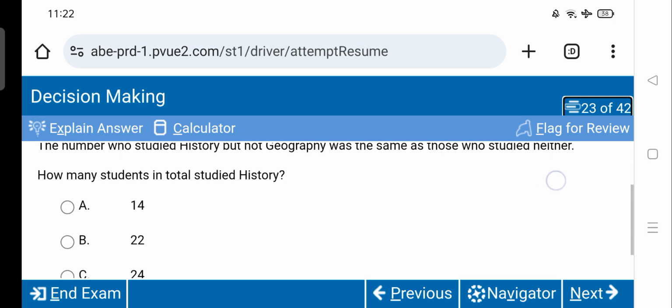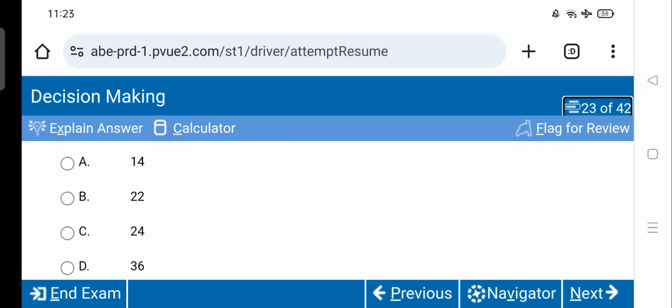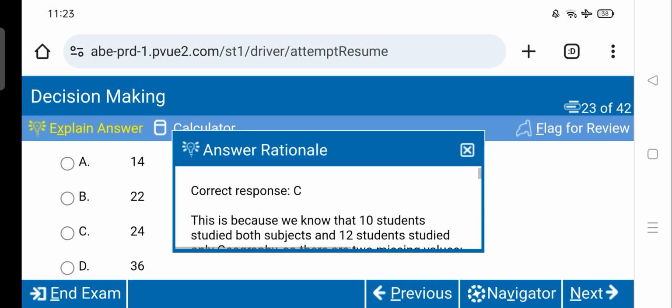So the question is, how many students in total studied history? Option A 14, option B 22, option C 24, and option D 36. So let's see which option is the correct one.